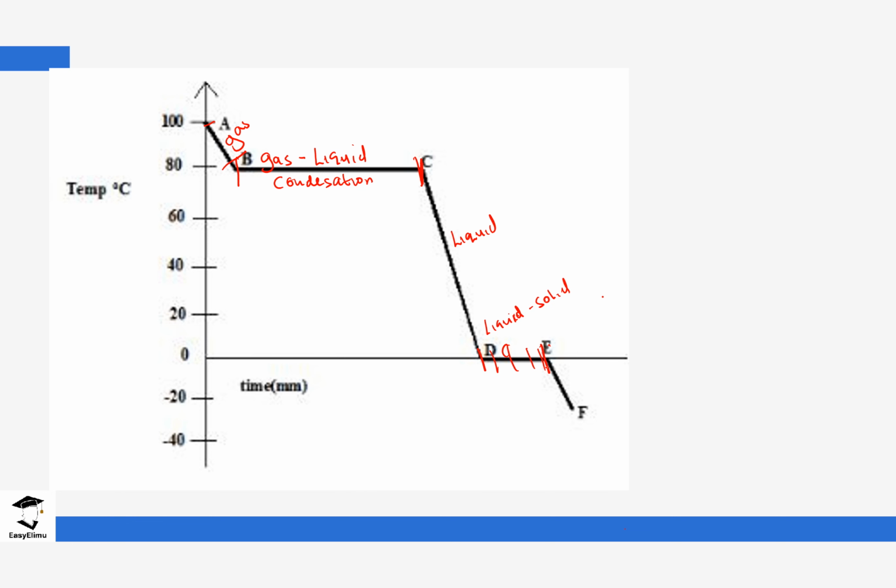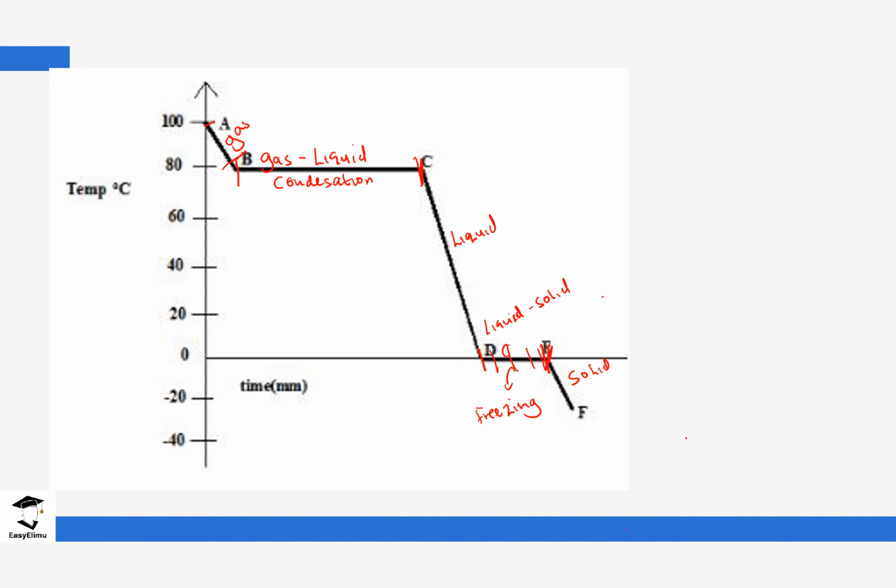So that by the time we get to point E, all the liquid particles have turned into solid. So the process here, we call it freezing. And then from region E and F, the state will be solid. It has now turned into a solid.